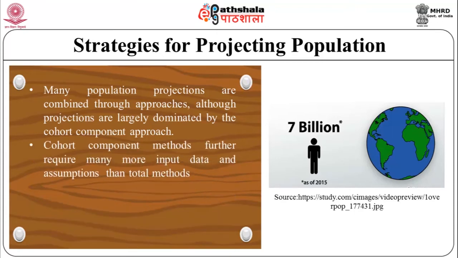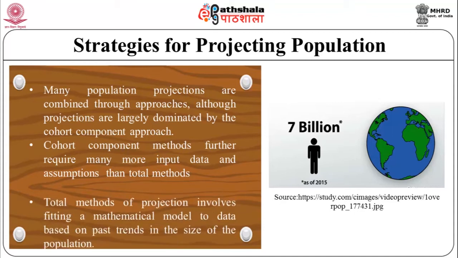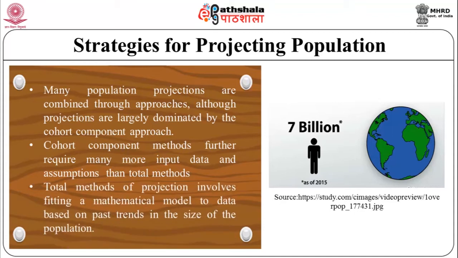Now, cohort component methods further require many more input data and assumptions than the total methods. Total methods of projection involve fitting a mathematical model to the data based on past trends in the size of the population.